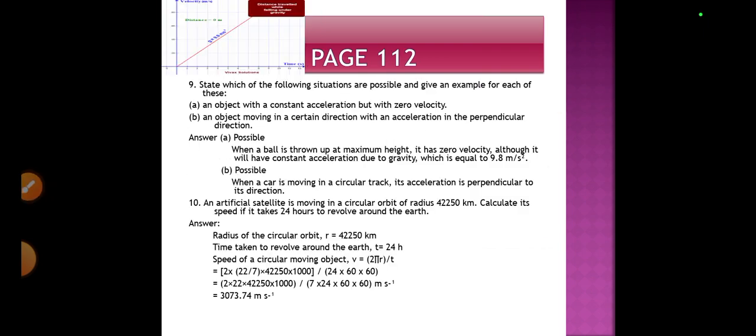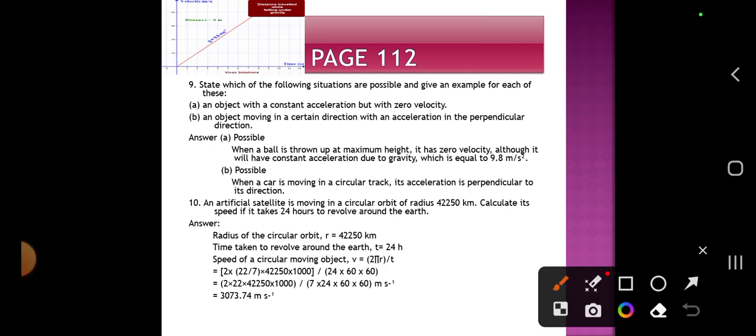Page 112. State which of the following situations are possible and give an example for each of these. First, an object with a constant acceleration but with a zero velocity. Is it possible? Yes.